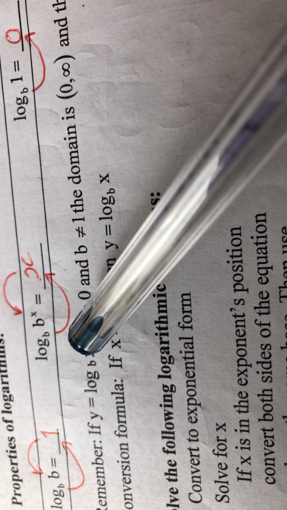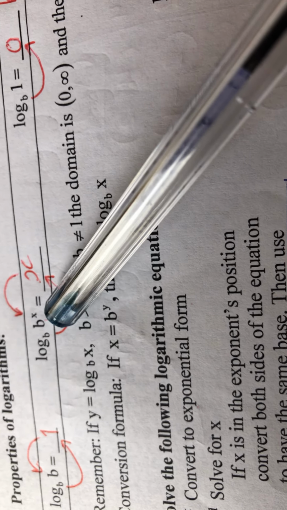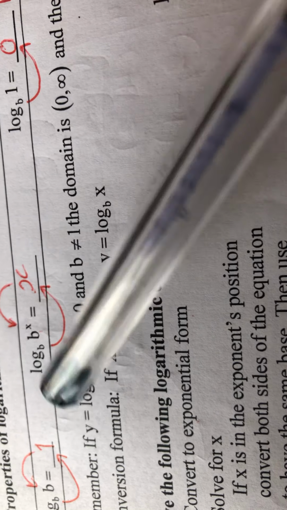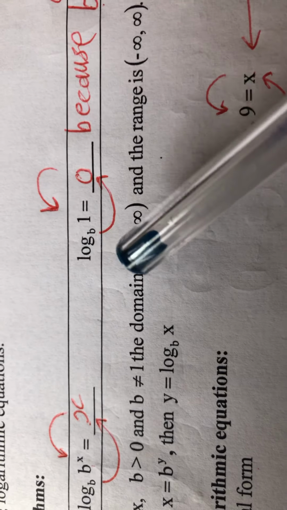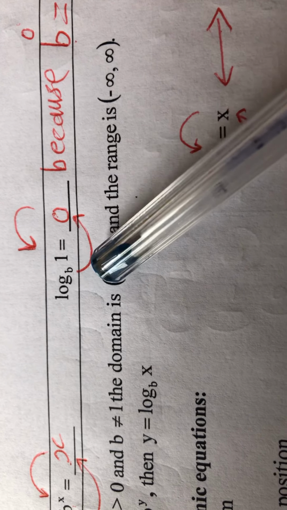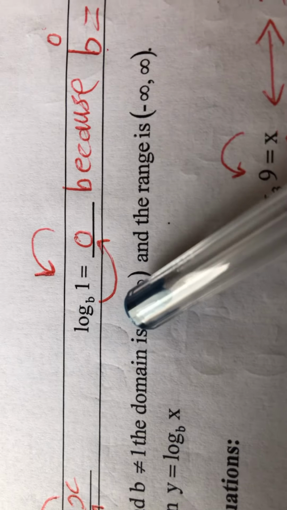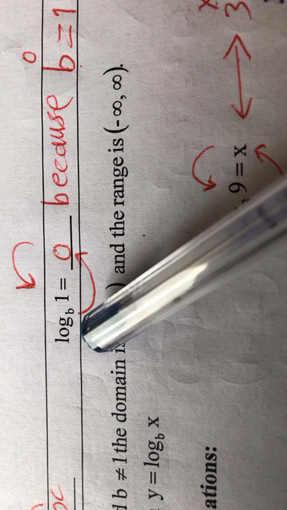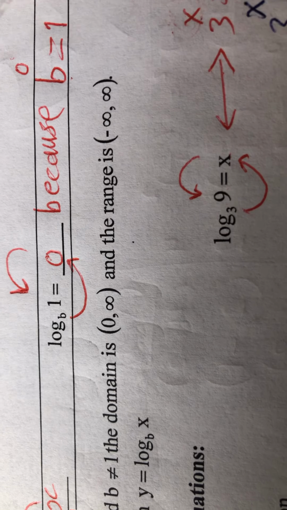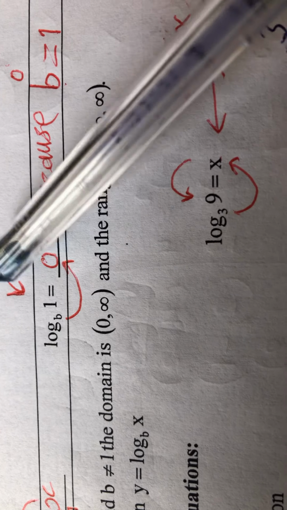And log with base b of b to the power x equals x, because b to the power x equals b to the power x. And log with base b of 1 equals 0. So log of 1 for any base equals 0, because b here is the base, so b to the power 0 equals 1.